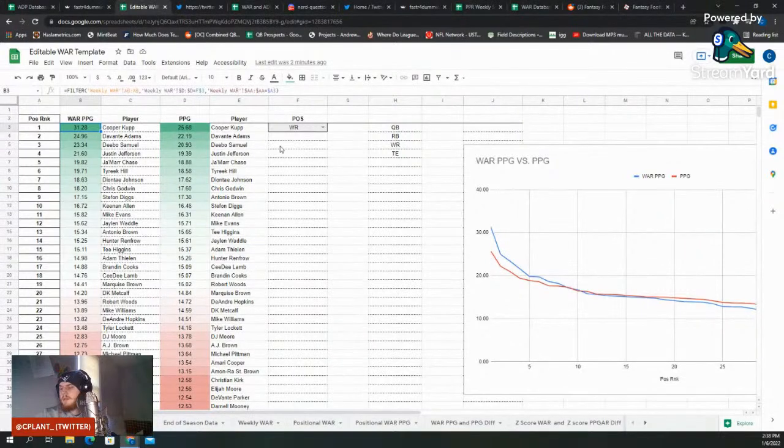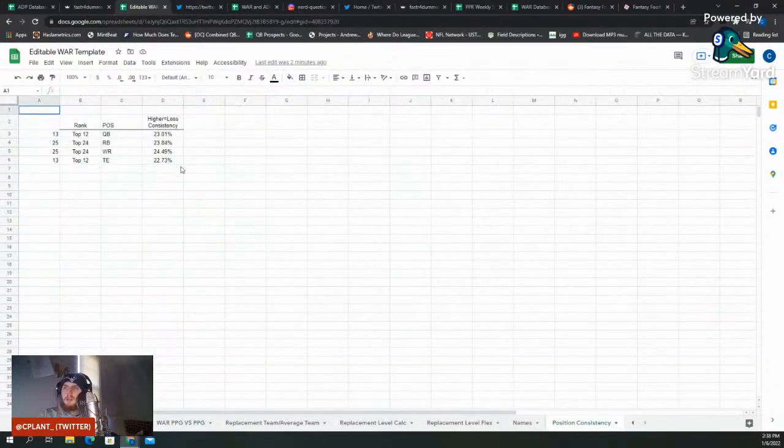But yeah, so that's kind of my first thoughts on how the positions vary in value. I did a bunch of other cool little stuff here. Like I looked at consistency based on WAR every week, and it's negligible. It doesn't matter that much.